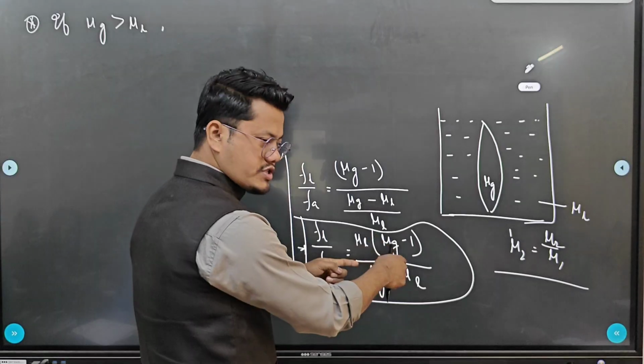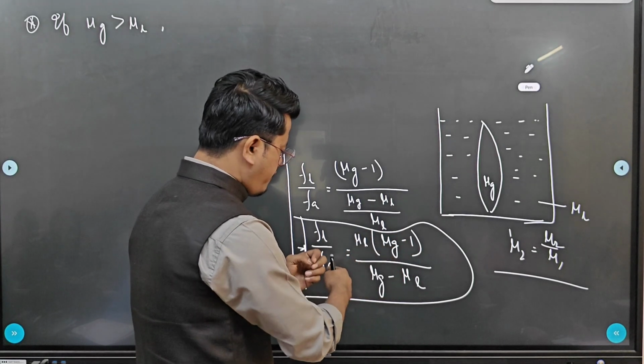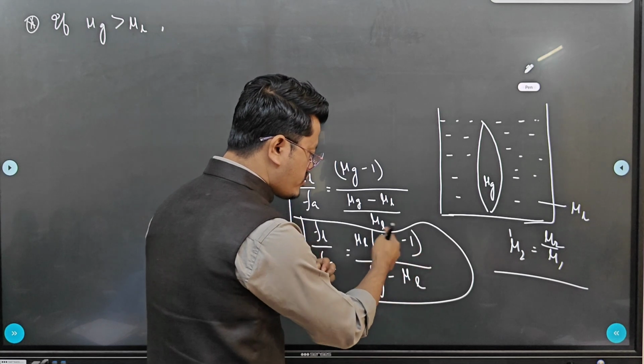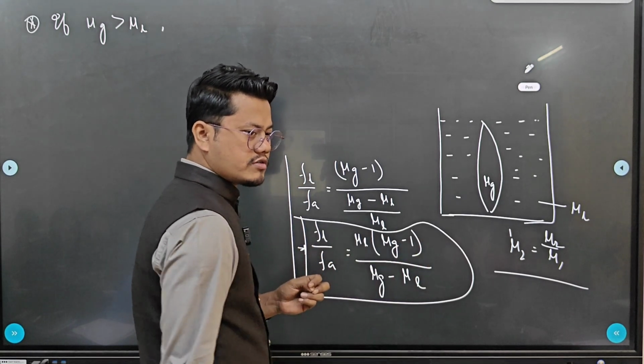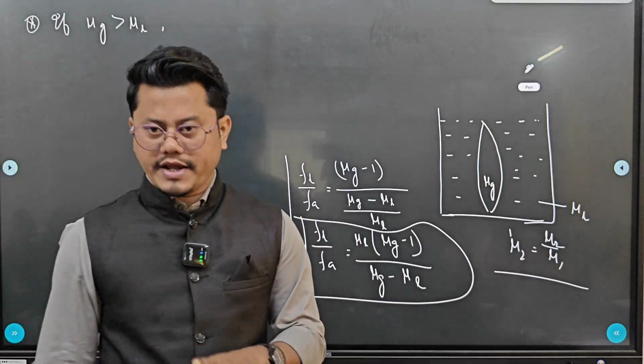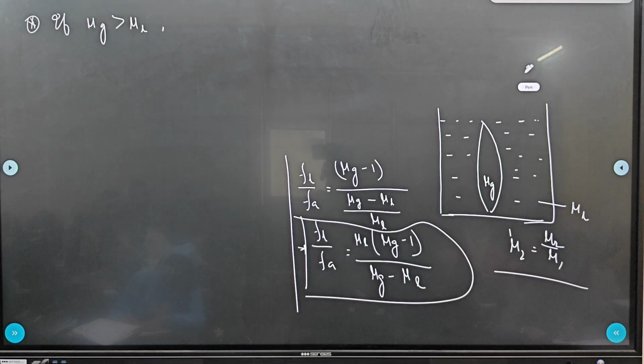See here, this term is positive. If I send Fa over there, then Fa into this term gives you Fl. Then 100% Fl needs to be greater than Fa or not? Mathematically, just write: Fl greater than Fa.